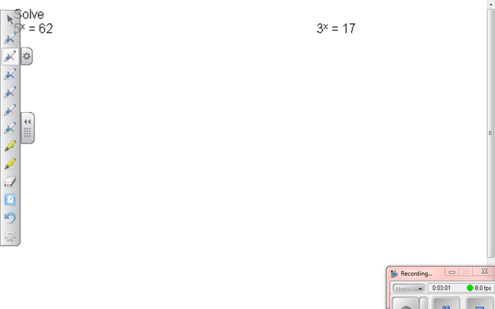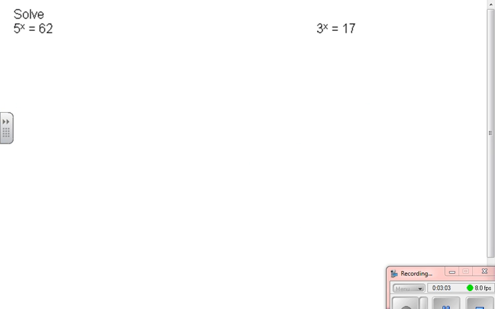So I'm thinking about what should my answers be like. So in order to solve things that have that x in the variable position, if I have one term equal to another term, I can go ahead and turn this into the log. So remember, we can always move between log and exponent forms.